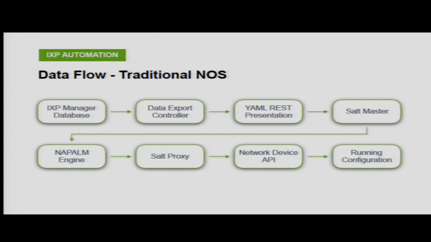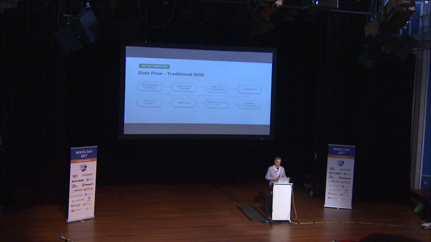That data is exported via a REST API, and it's exported using YAML. YAML, yet another markup language, is one of these things that's been around for years. Ansible and Salt use it, and because they use it, we figured, well, we could have exported using JSON or XML, but it's actually just easier to use YAML because it's supported natively.